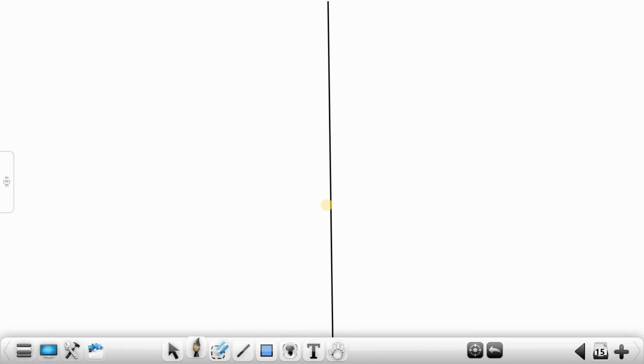So it says here, calculate the mass of oxygen given 2KClO3 gives us KCl plus 3 oxygens.